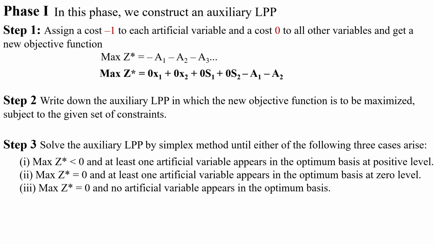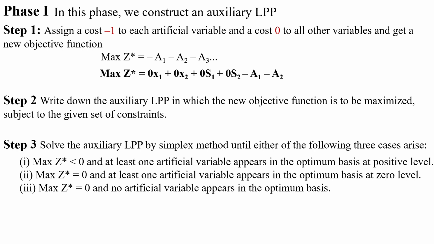The third step is to solve the auxiliary linear programming problem by applying the simplex method until one of the following three cases arises. First case: maximum z* is less than 0 and at least one artificial variable appears in the optimum basis at positive level.